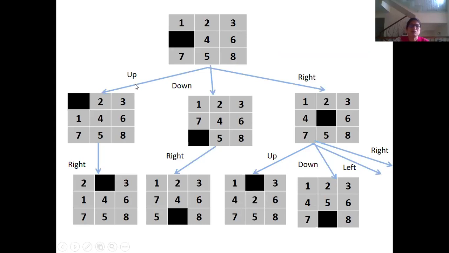If the square moves up, you enter a new state. The square moves up and the one comes down, and you get a new state. Similarly, if the black block moves down, you get the new state here. You can check it out. 7 moves up. And if the block is moved to the right, 4 comes here and the black square moves to this position.